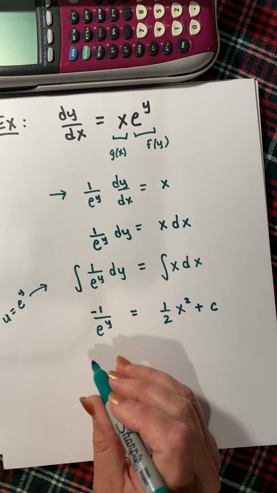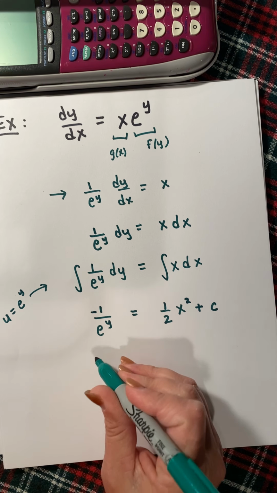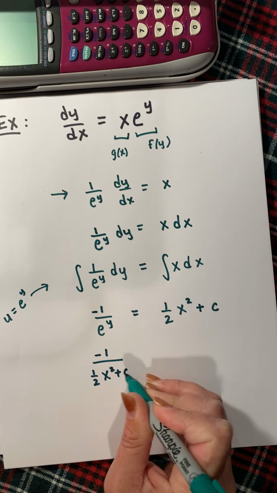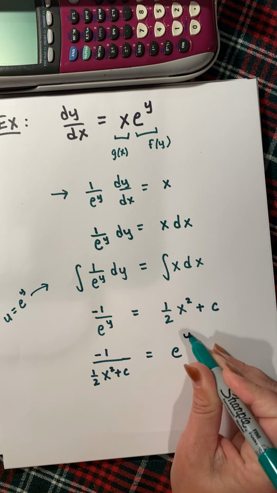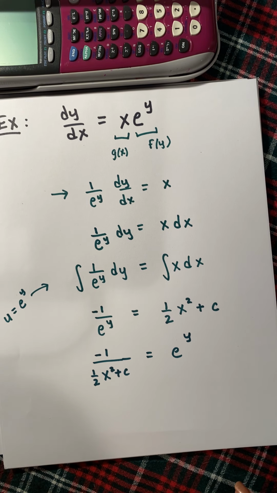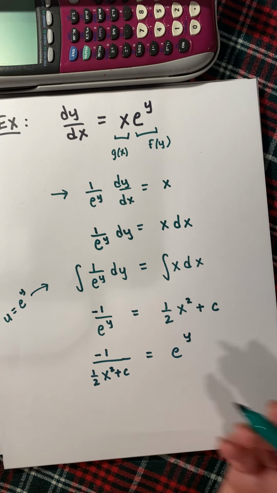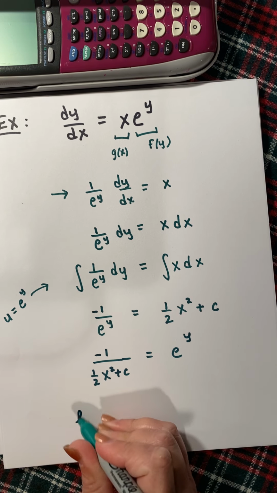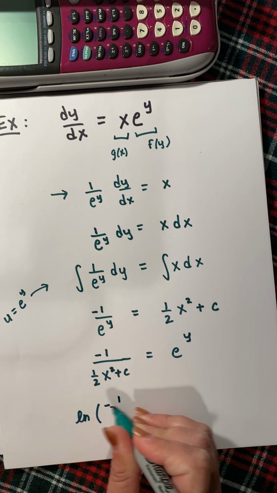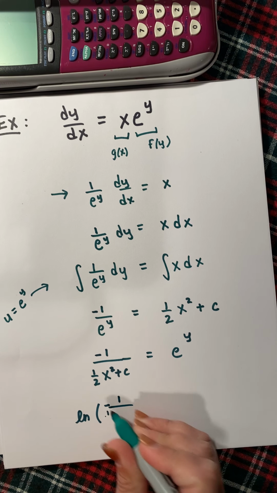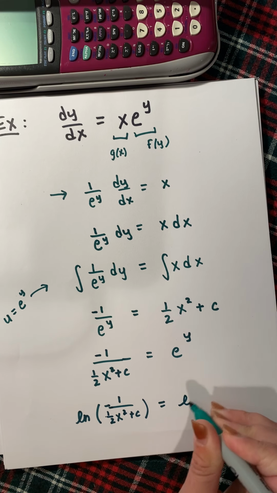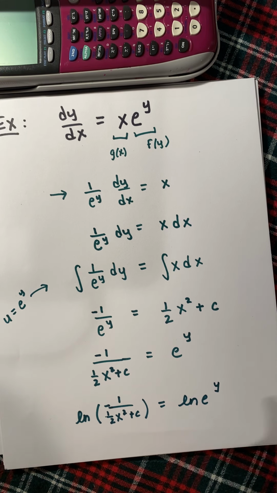So I'm going to cross multiply, and I'm going to get negative 1 over (1/2 x squared plus c) equals e to the y. I had to get it out of the denominator of the fraction. Now to get it out of the exponent, I'm going to take the natural log of both sides. So the natural log of negative 1 over (1/2 x squared plus c) equals the natural log of e to the y.